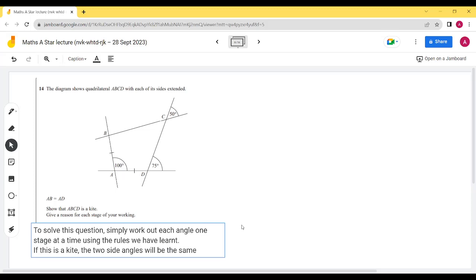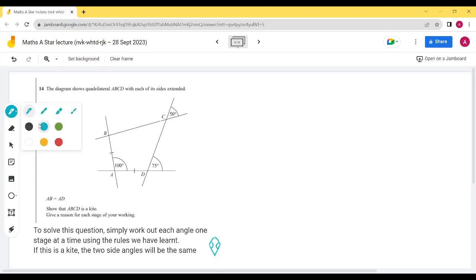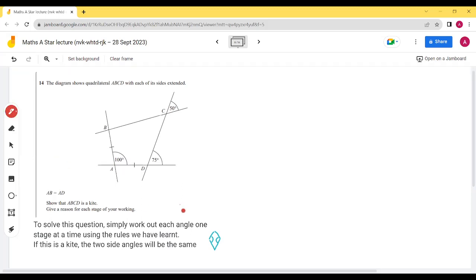So let's draw a little diagram down here. If you've got a kite, these two angles here will be the same. Then with that being said, we just have to use the rules we know.